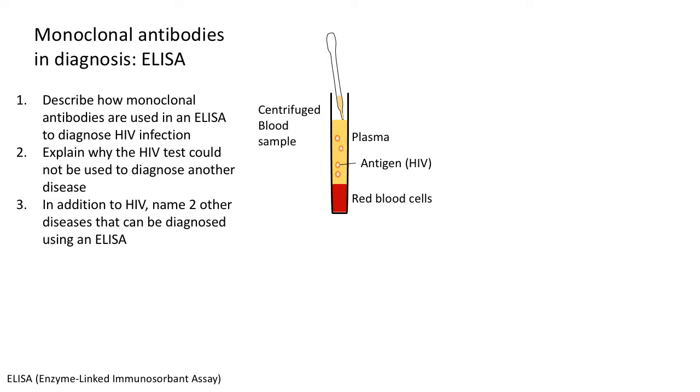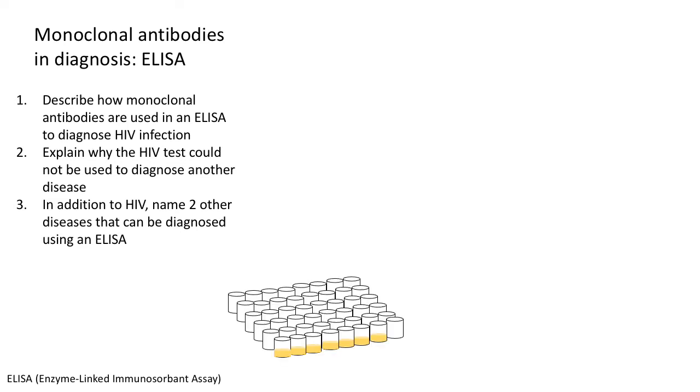So a sample will be taken, and then what's commonly done is that many tests are run in parallel. So you'll have this plate that has lots of wells on it, normally 96, and then you can add 96 samples, and you'll obviously want to repeat some of those samples to check that your result is correct.